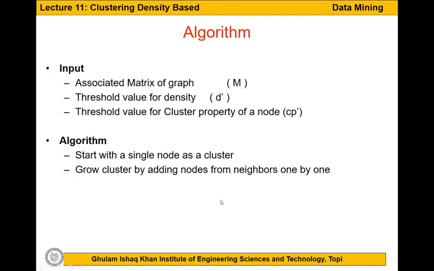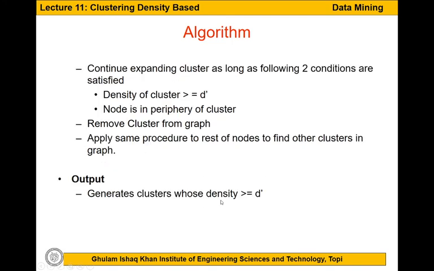Then we continue to expand the clusters as long as the following two conditions are satisfied. One, as we grow the cluster, the density of that cluster is greater than or equal to the threshold density. And secondly, there are nodes around that cluster, right?